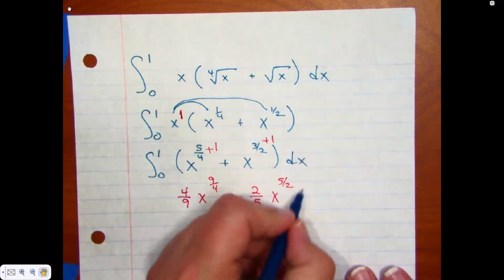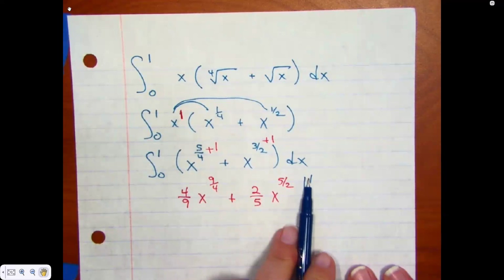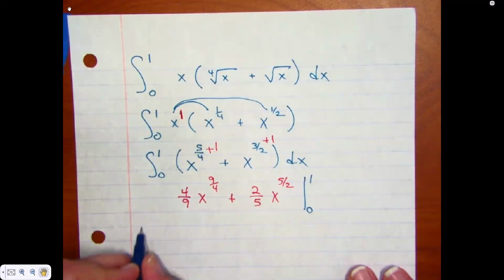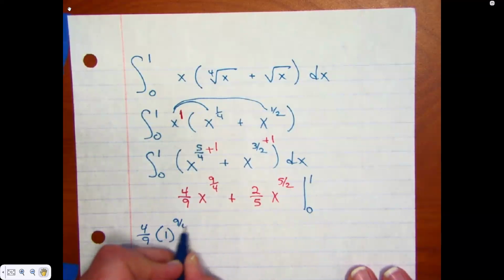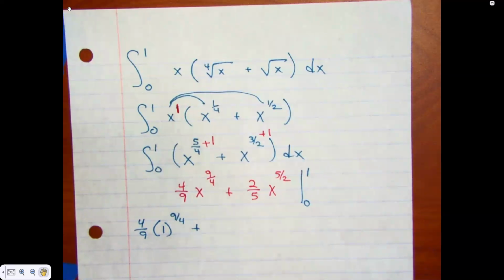Now we can do 0 to 1. Plug in a 1. So we got 4/9, 1 to the 9/4, plus, now be careful. This is actually kind of a good one. A lot of times when there's only 2 x's, people will put a 1 in here and a 0 in here.